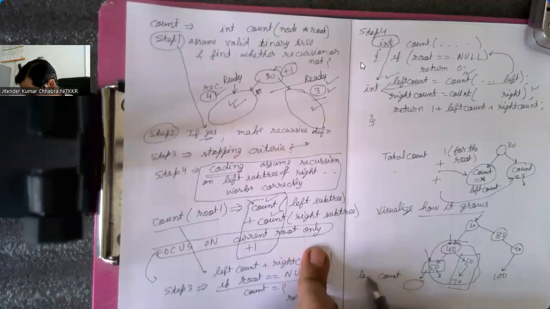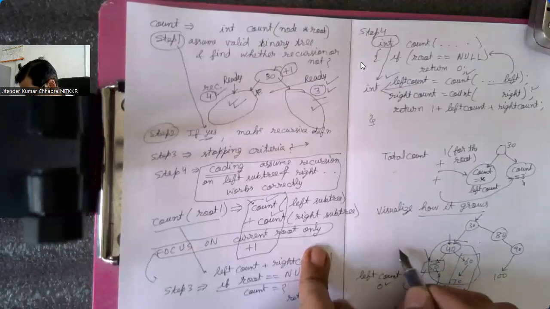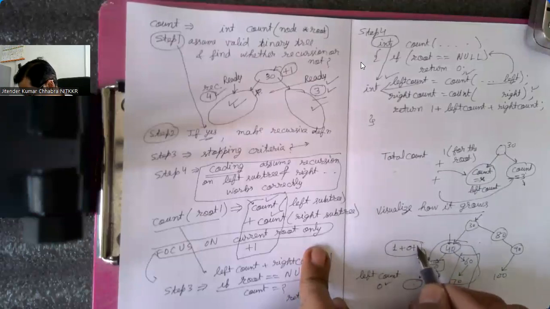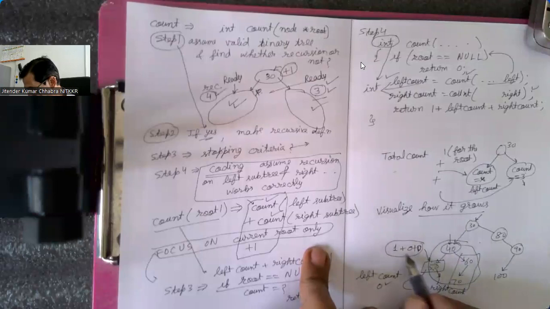So this side left count ultimately will come as 0 because the node will become null. It will return 0. This side's right count will also come as 0. So for this root, the count will become 1 plus 0 plus 0. For this node, count comes now first time 1 plus 0 plus 0 returned. This overall becomes the left side count.